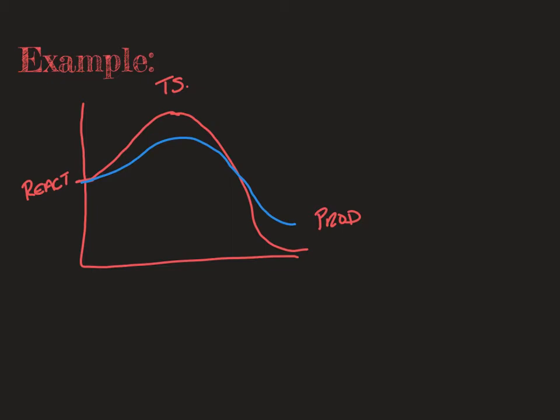Talking more technically, it has a lower activation energy. So there's the activation energy for the blue path, and here's the activation energy for the red path. Remember, activation energy is typically denoted with the delta G double cross. So lower activation energy means the reaction is going to go faster.